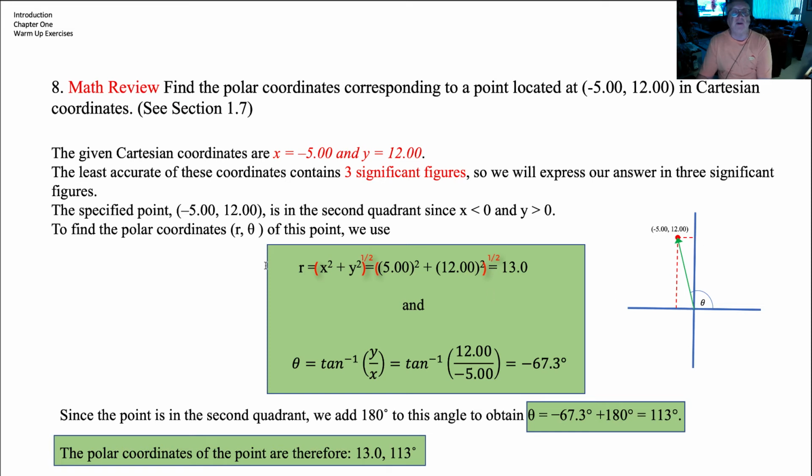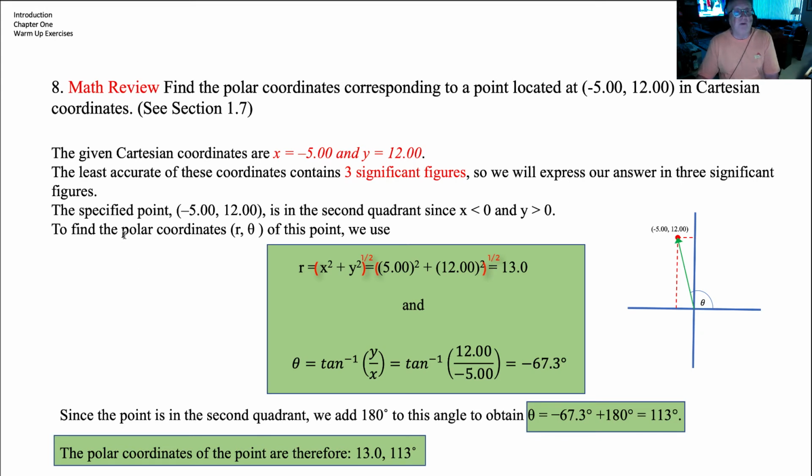The least accurate of these coordinates contains 3 significant figures. So we'll express our answer in 3 significant figures. The specified point, -5.00, 3 significant figures, and 12, is in the second quadrant since x is less than 0 and y is greater than 0.